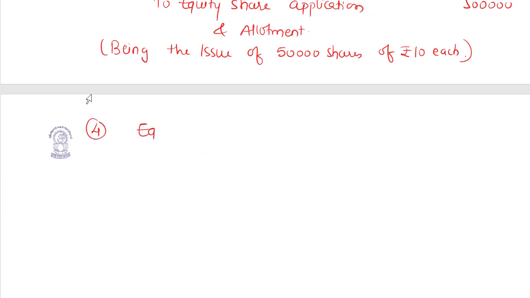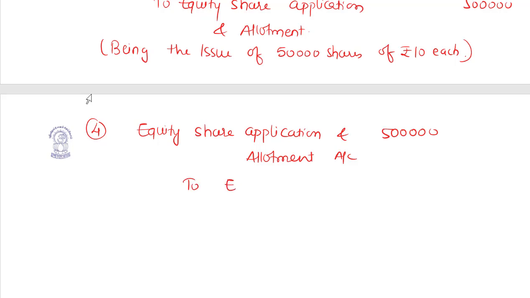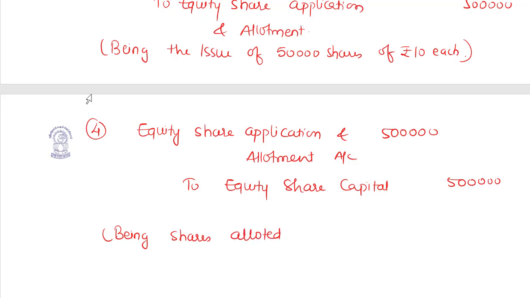Next, equity share application and allotment account 5 lakhs to equity share capital 5 lakhs, being shares allotted for application money received.